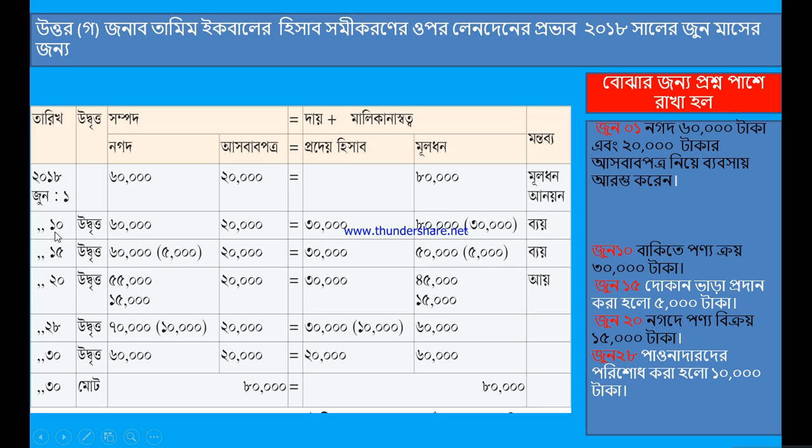Okay. At first you will draw the balances. 60,000 I have drawn, 20,000 I have drawn, accounts payable. Okay, now the questions, and 80,000 we have drawn.